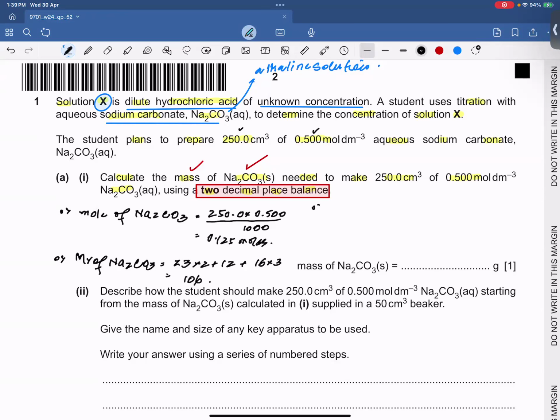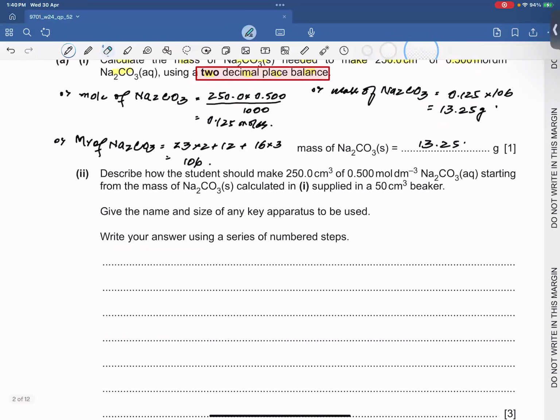To get the mass of sodium carbonate, we multiply moles by Mr, which is 106. So I get 13.25 grams. The examiner is looking for 2 decimal places, so I'm going to write 13.25 g. That's my answer.